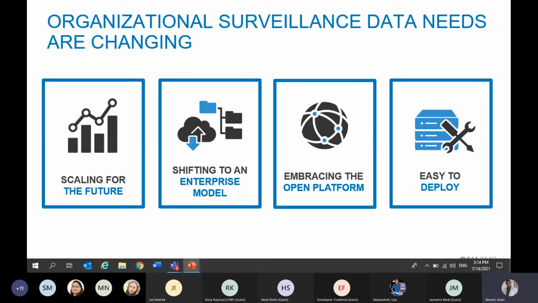Are they considering the cost to purchase and manage? Do they want a platform that matches the data volume or not? If you answer all these questions, you can find the right solution that will shift to an enterprise model.